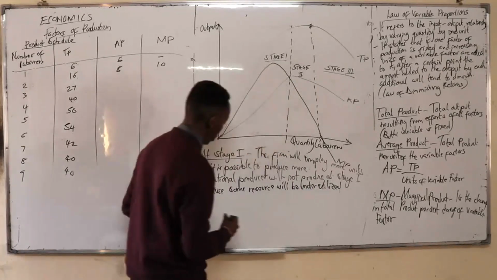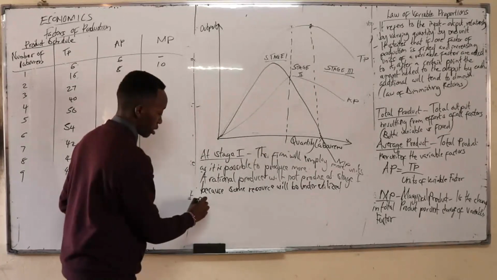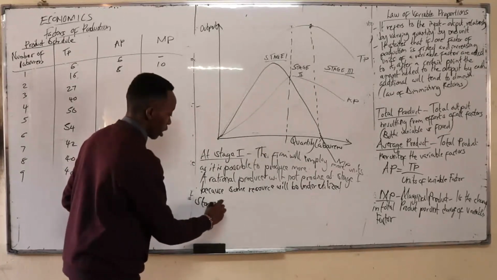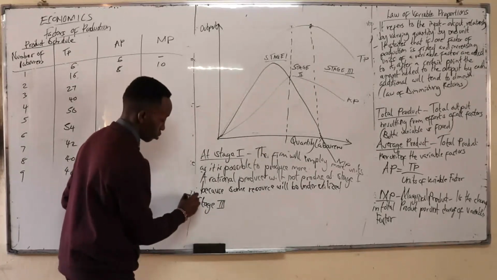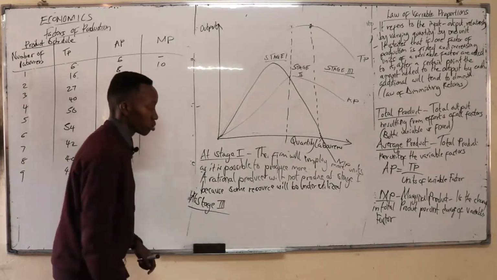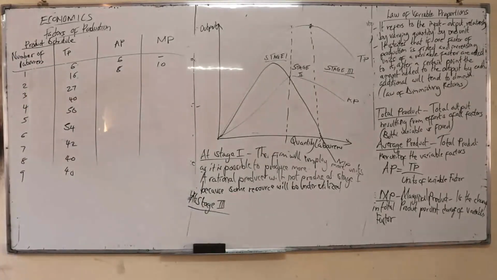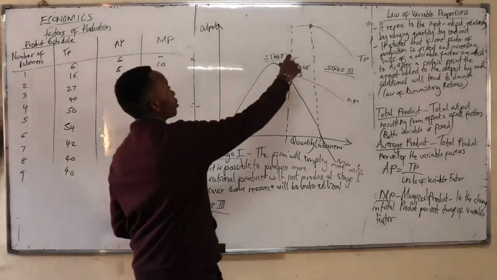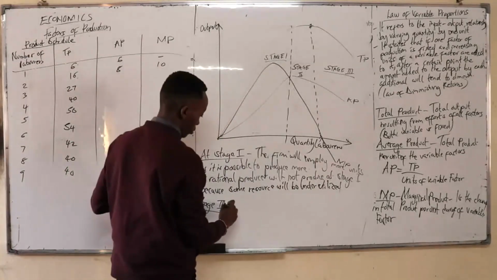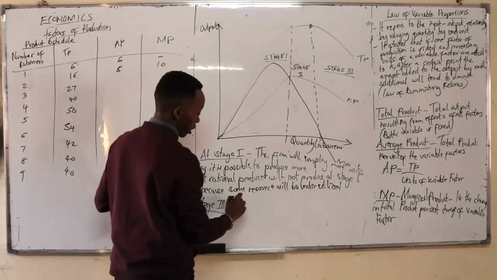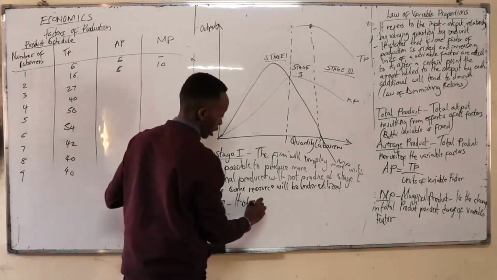And stage 3 is also not an ideal place to produce. At stage 3 it shows a decline in output.